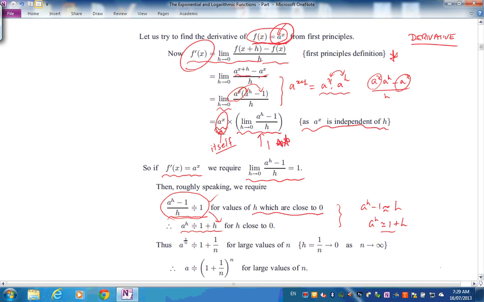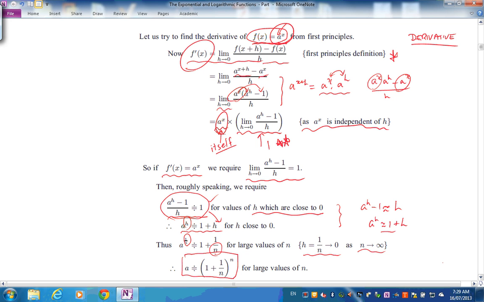So now for technology purposes it's probably better, you'll see this in a minute, to let h be 1 on n and then call that large N. So that would have the same effect, making that power h approach 0 by calling it 1 on n and making n large. It's going to be easier for technology then. So we're writing this all in n land now, where h is 1 on n and is tending to naught, so n is tending to infinity. So here we have it down here.